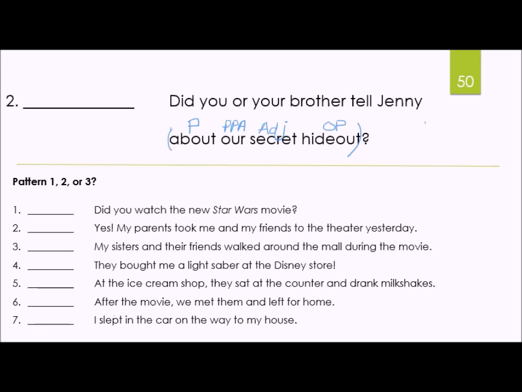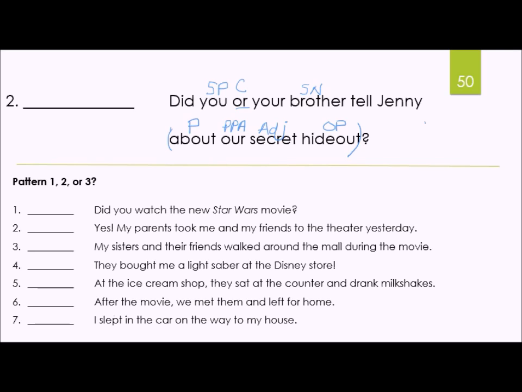I don't see any other prepositions, so let's read the sentence without it. Did you or your brother tell Jenny? Okay. Who told Jenny? Or who did tell Jenny? You, subject pronoun, brother, subject noun. Now look, we've got a compound subject going on here. Or is your conjunction.